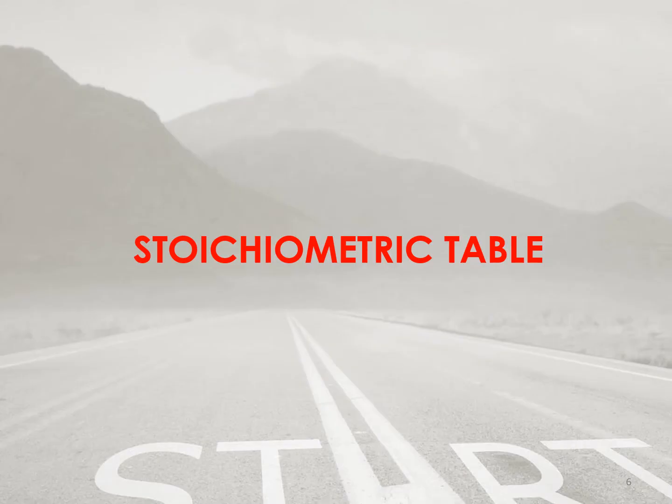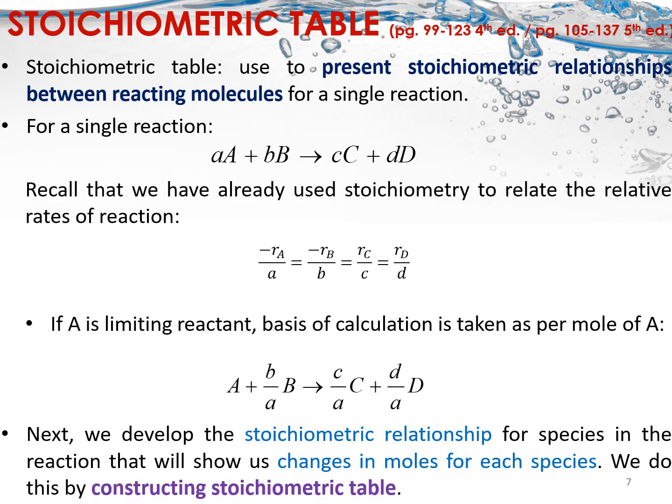We move on to the important part, which is the stoichiometric table. So what is a stoichiometric table? It is used to present the stoichiometric relationship between reacting molecules for a single reaction. Let's say we have a single reaction involving aA plus bB is equal to cC plus dD.